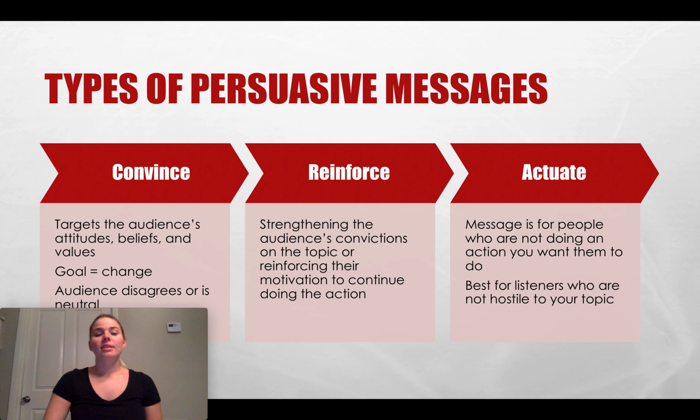To reinforce is strengthening the audience's convictions on the topic or reinforcing their motivation to continue doing the action. And this also targets the audience's attitudes, beliefs, and values. You're just reinforcing that behavior. Actuate is a message for people who are not doing an action that you want them to do. So this is best used for listeners who are not hostile towards your topic.